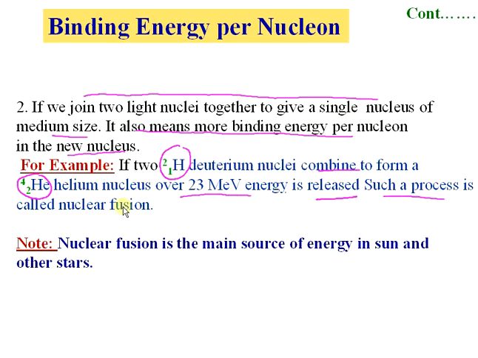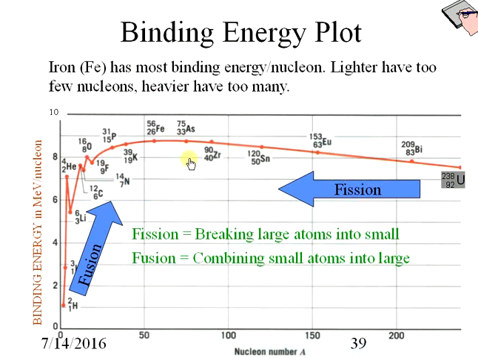Such a process is called nuclear fusion. Nuclear fusion is the main source of energy in the sun. So you can see the path for fusion, and this is the path of fission.